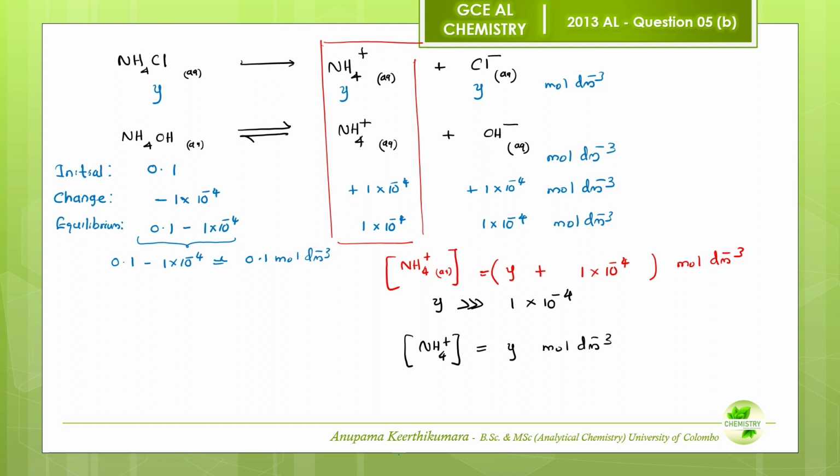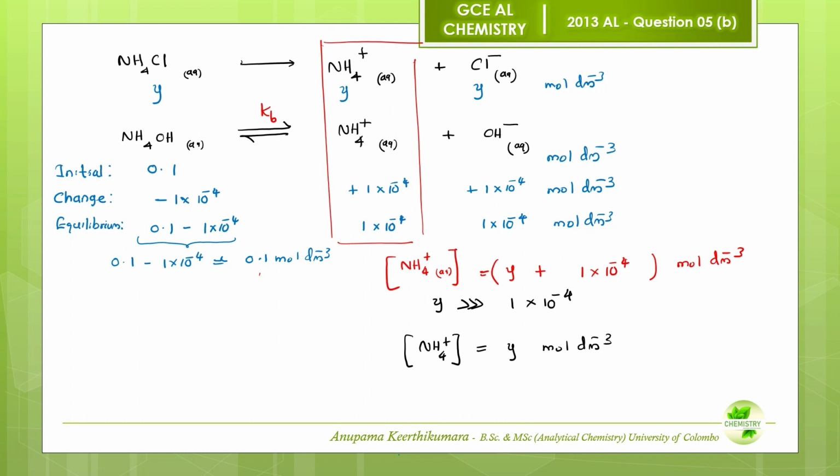What we have to do is to calculate the mass of required solid ammonium chloride. Before calculating the number of moles, we have to calculate the concentration of the required ammonium chloride, which is Y. This Y can be calculated using the Kb expression. We know the concentration of ammonium ions, concentration of OH minus ions, and the concentration of ammonium hydroxide.